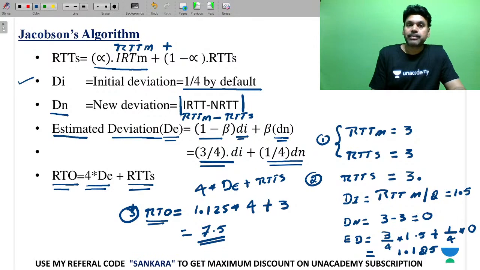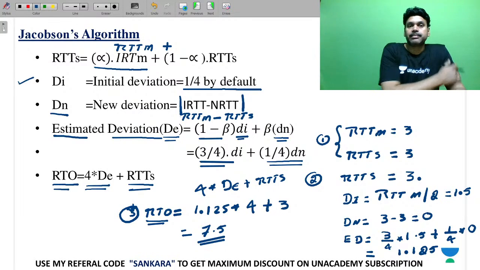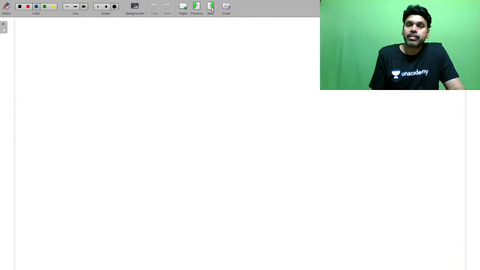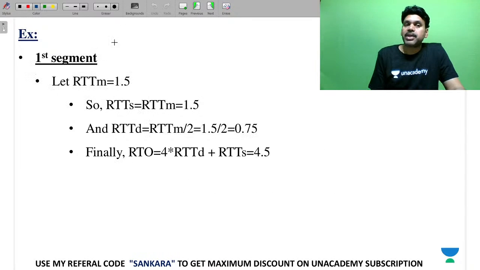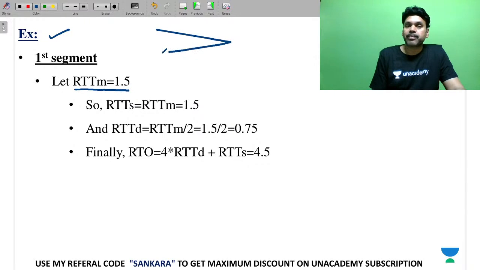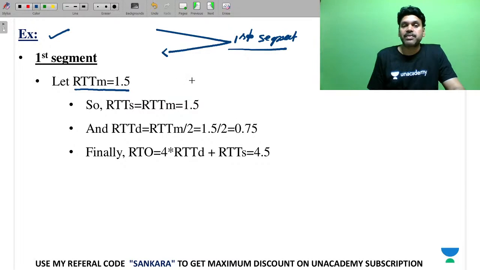Let us say I am taking an example like this. Please observe. Let RTTM be equal to 1.5 for the first segment transmission. So your RTTS is nothing but RTTM, which is 1.5.